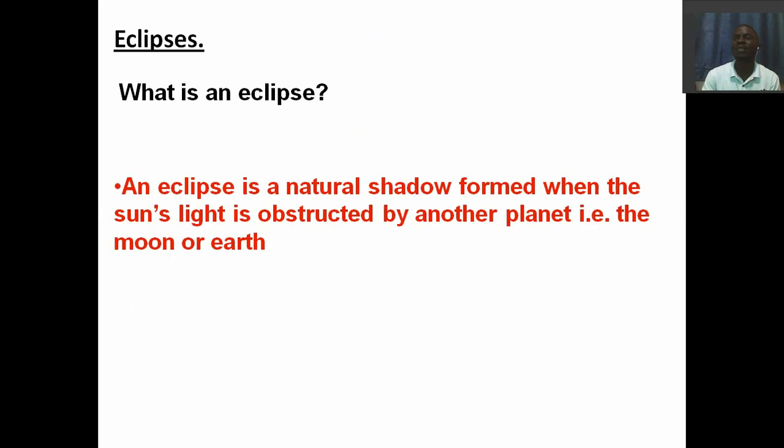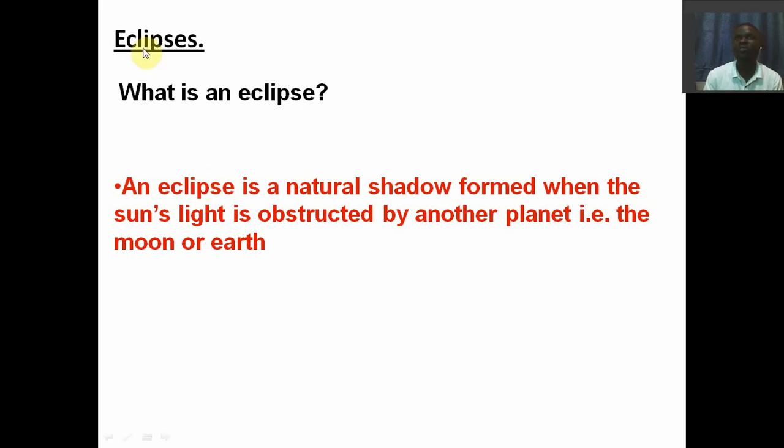Then let's look at the eclipse. What is an eclipse? An eclipse is a natural shadow formed when the sun's light is obstructed by another planet, i.e. the moon or earth. So when the moon or the earth obstructs light rays from the sun, it forms what we call an eclipse.